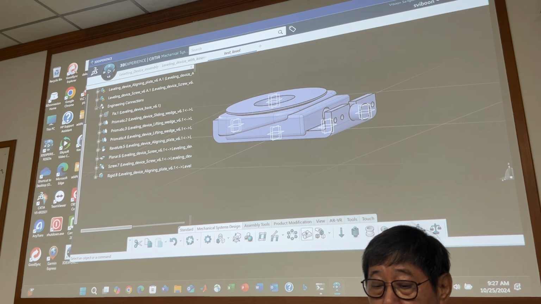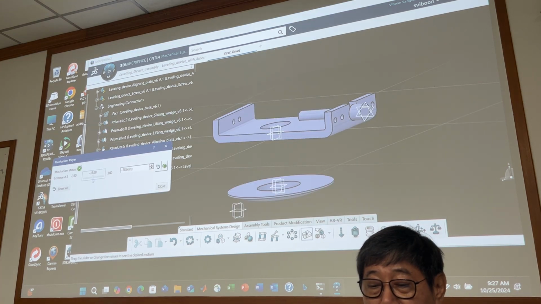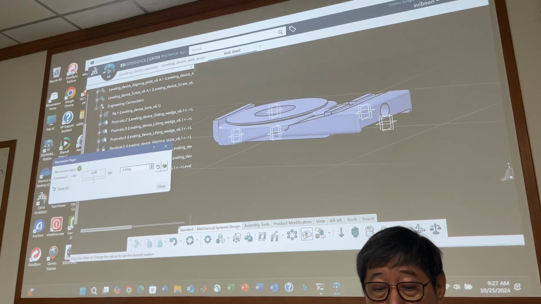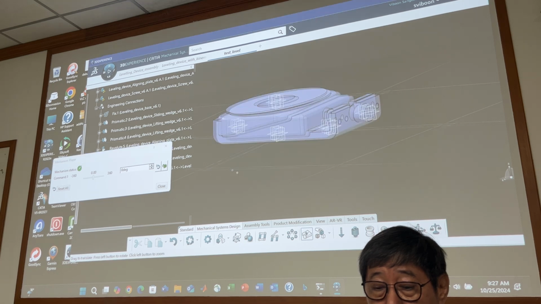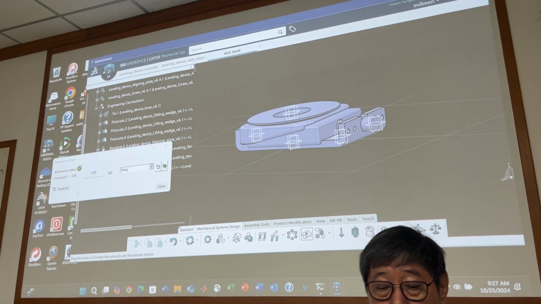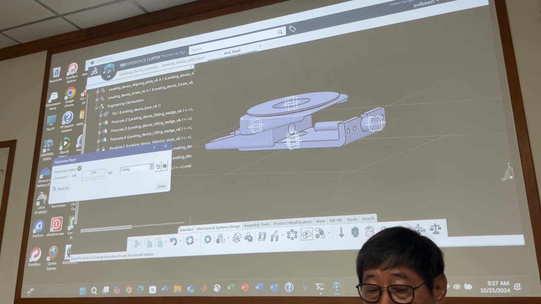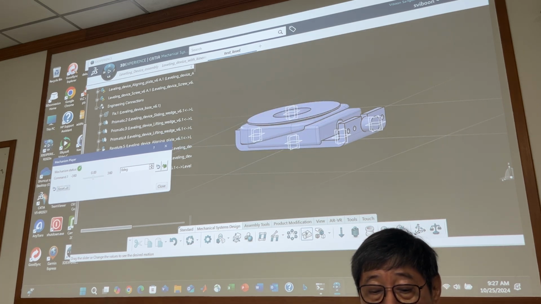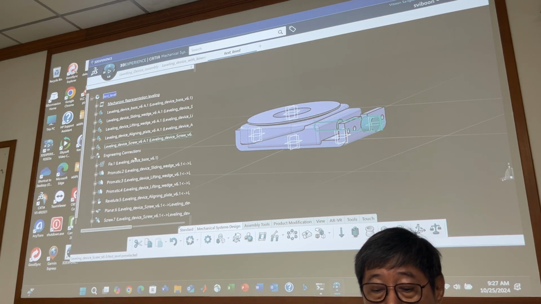You look at this one. You rotate this one. Okay, you see, you have something wrong here. You see. What happened to this one? Got it, good.